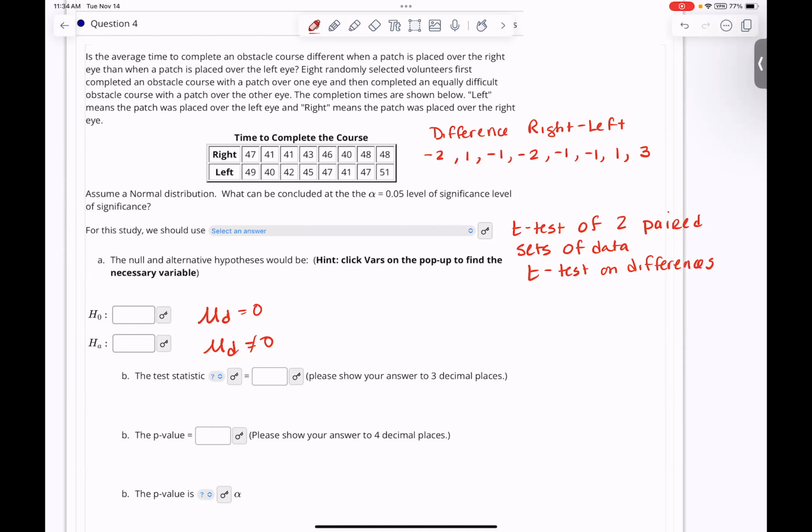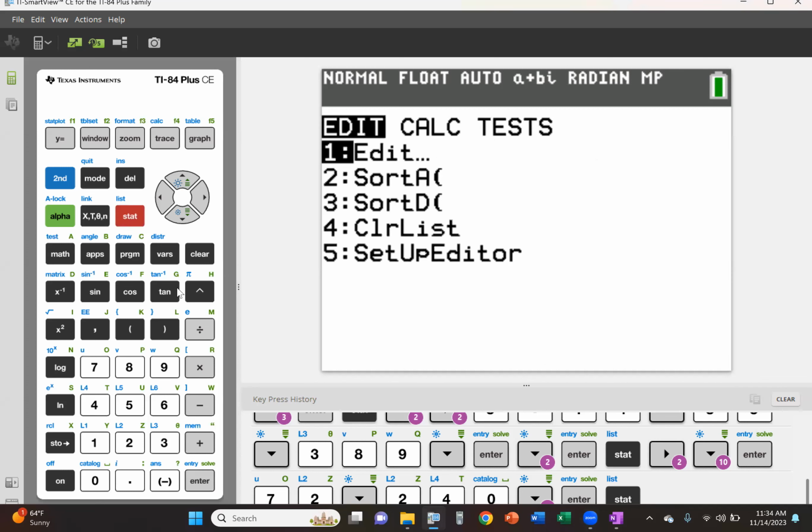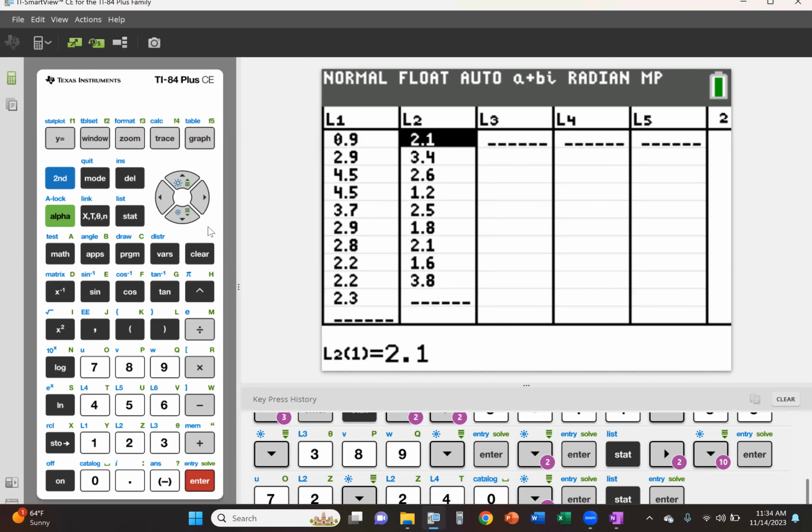So I'm going to share my calculator, and I'm going to put this data in a list. I'm going to put it in L3 because L1 and L2 I'm going to use later.